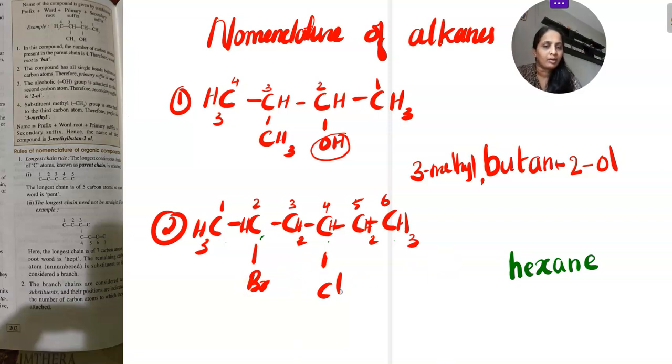Here bromine and chlorine are there. In alphabetical order, bromine is first. So first we write 2-bromo, then 4-chloro: 2-bromo-4-chlorohexane. So this is the name of this second compound. Hope you understood. Thank you.